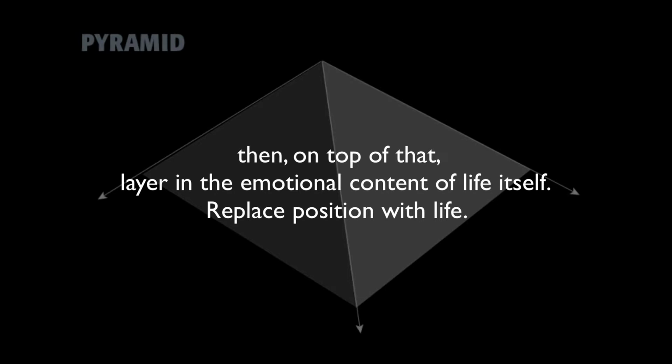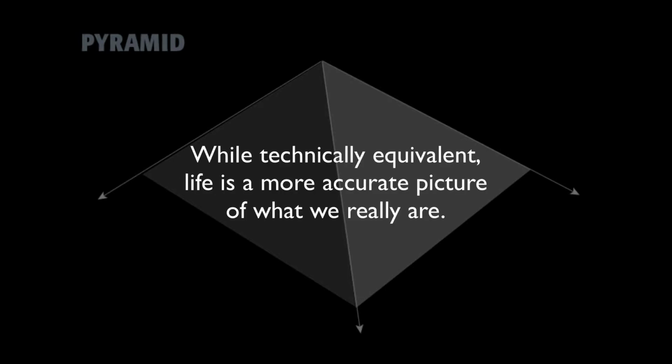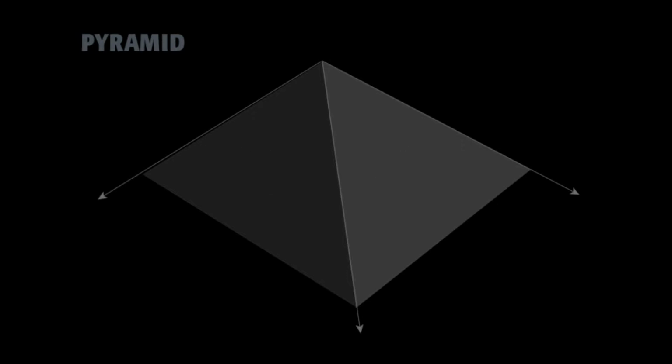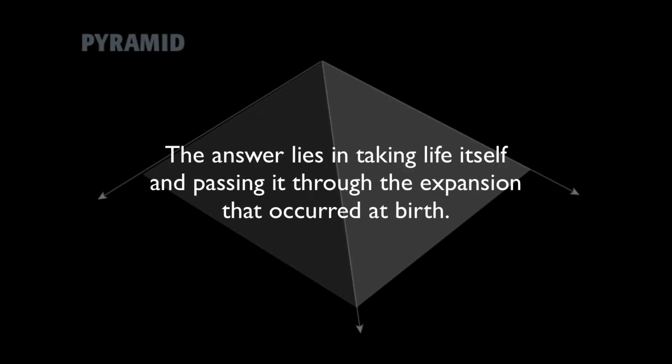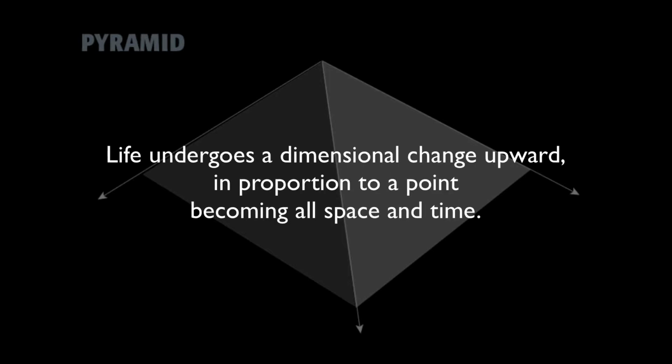Replace position with life. While technically equivalent, life is a more accurate picture of what we really are. Layer in the emotional content of life into time and space. The answer lies in taking life itself and passing it through the expansion that occurred at birth. Life undergoes dimensional change upward in proportion to a point becoming all of space and time.